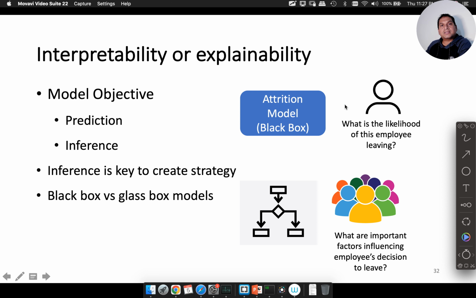So, in those cases, it becomes very important that we choose a model which explains the attrition behavior. So, we might choose a linear model or decision tree model in comparison to a black box model. At the time of problem formulation, we need to ask the business what the objective of building this model is.